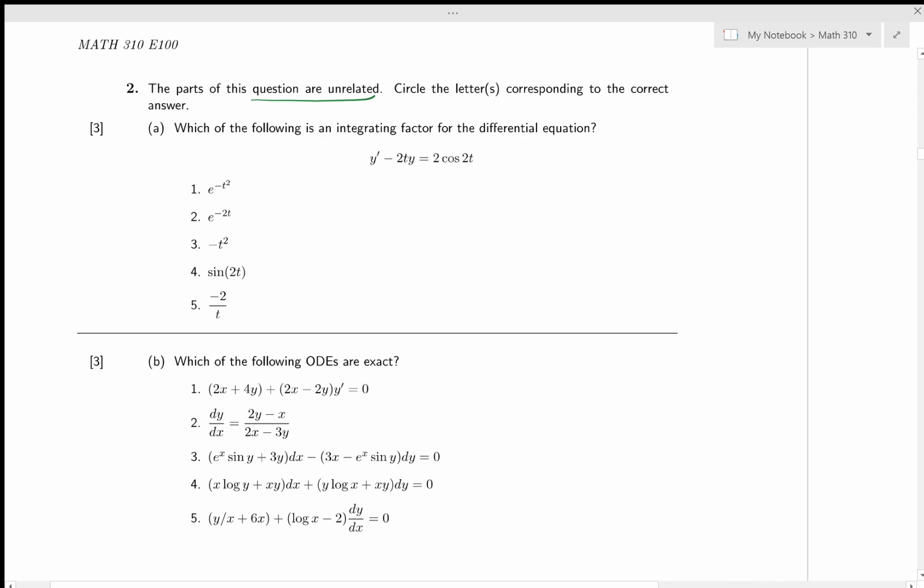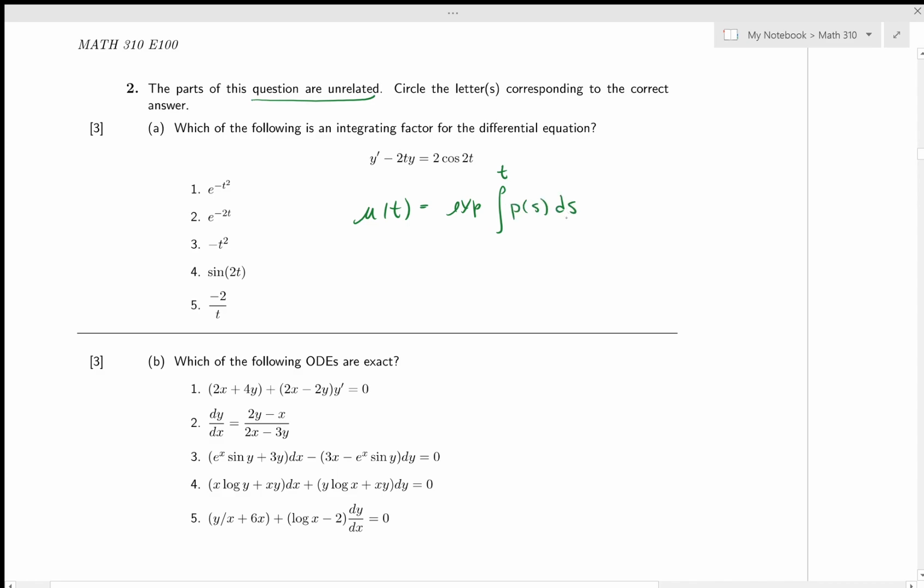This is a first order linear differential equation, so we can calculate the integrating factor mu of t in this manner: the exponential function of the integral of p of s ds.